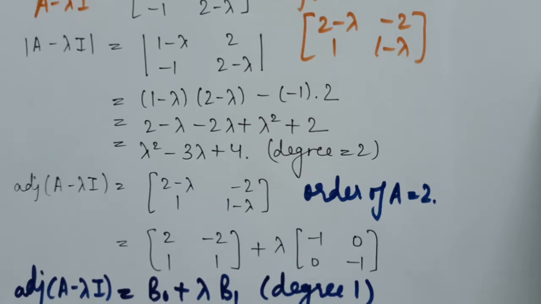So we have to learn from here that whenever the order of the given matrix is n, the adjoint of A minus lambda I will be a polynomial in lambda with degree n minus 1.